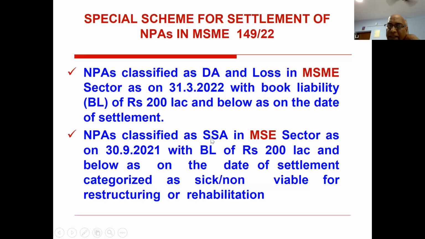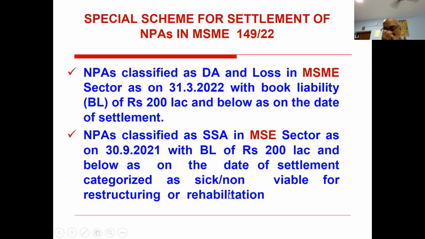So if the loan NPAs are classified as substandard in MSE sector as on 30/9/2021, with book liability of rupees 200 lakhs and below on the date of settlement, categorized as sick, non-viable for restructuring or rehabilitation.